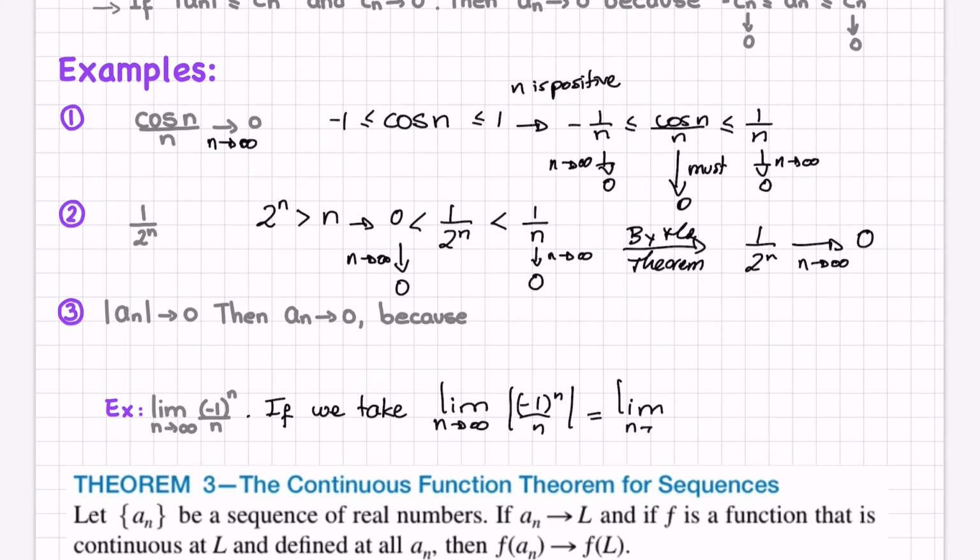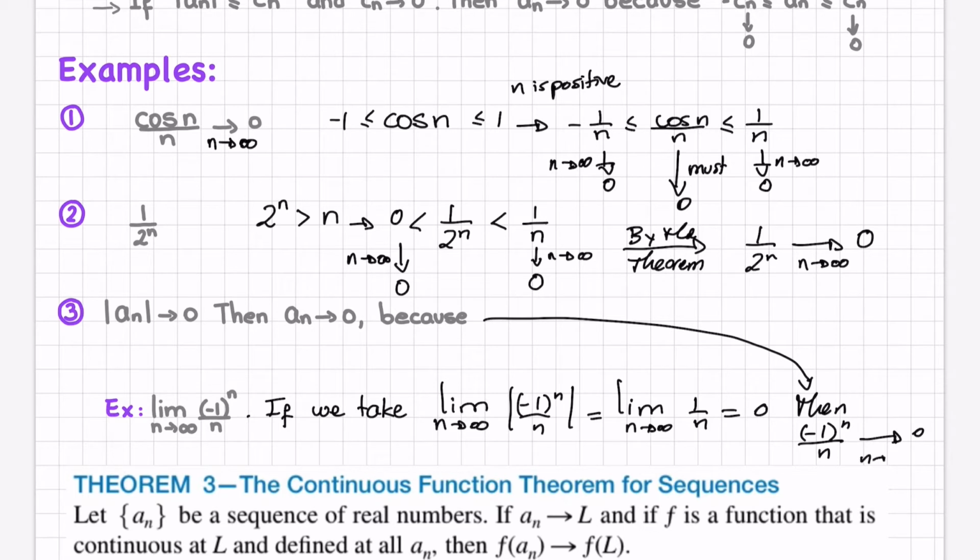Well, always the positive 1, right? So that's 1 over n. And we are sure that this is 0. By this result, negative 1 to the n over n approaches 0 as n approaches infinity. Alrighty, so we proved that limit.